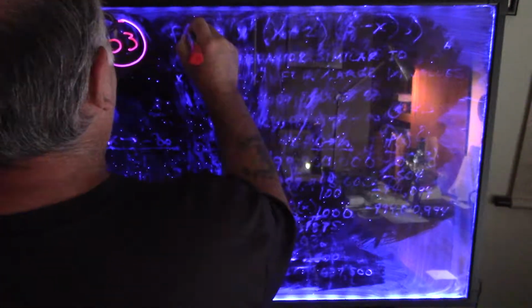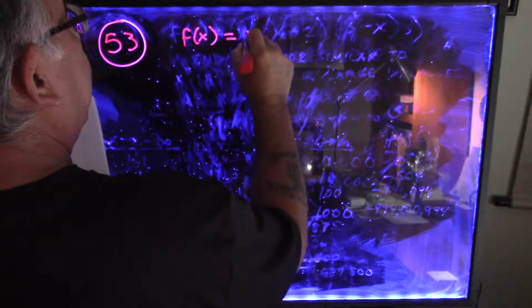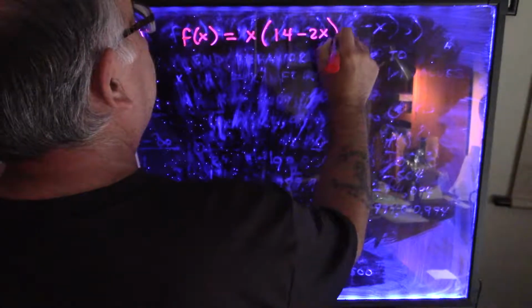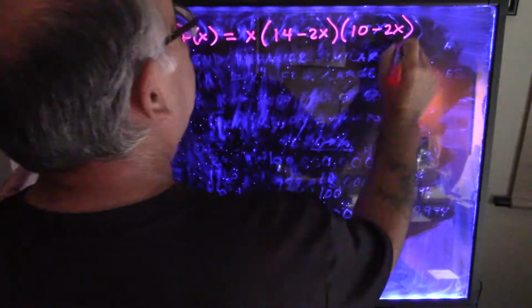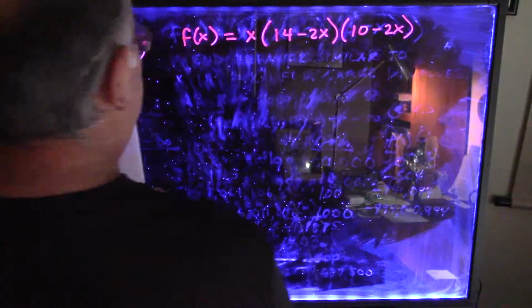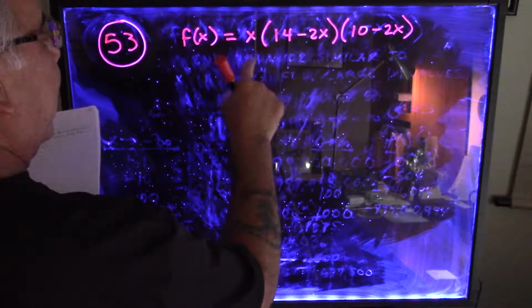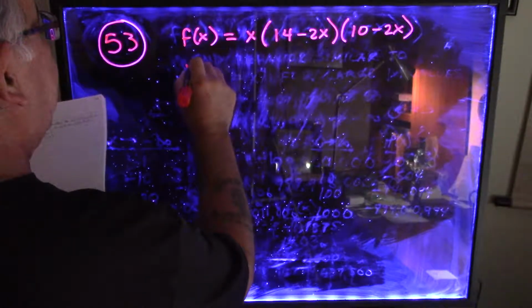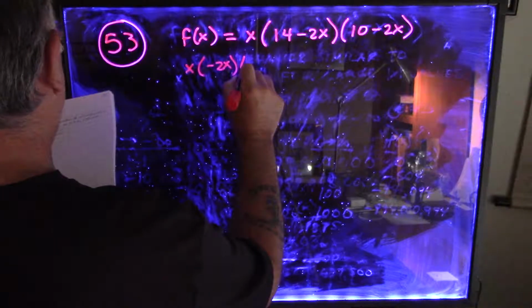Number 53, we have f of x equal to x times the quantity 14 minus 2x times the quantity 10 minus 2x. Alright, so we can predict the end behavior without graphing it. For large absolute value of x, it's going to have end behavior similar to x times negative 2x times negative 2x.